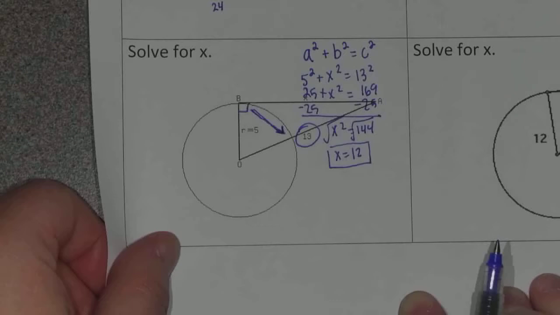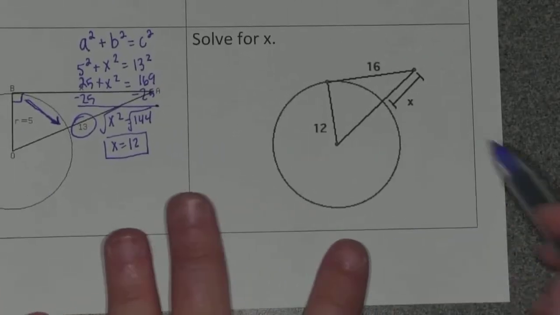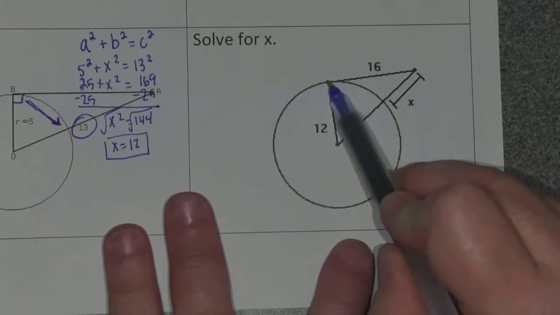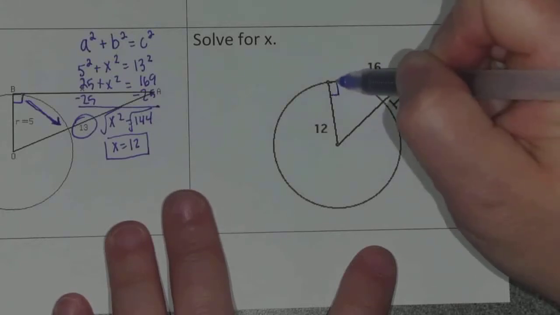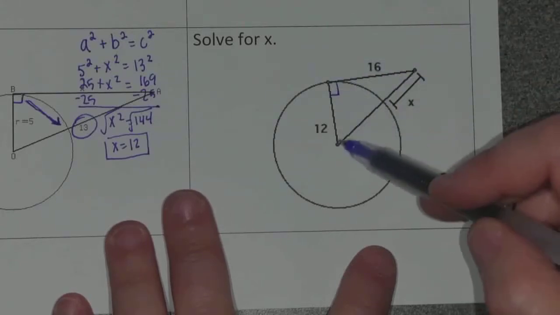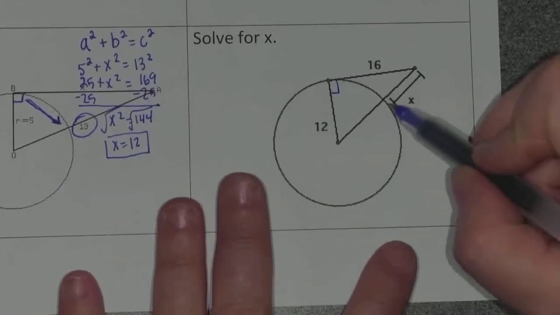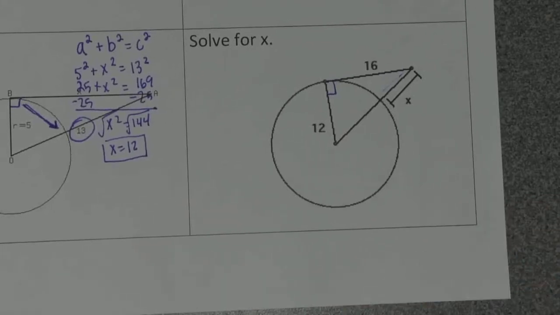It asked me to solve for x. And again, just a reminder here that when we have a tangent line, that line that touches the circle at a point of tangency only once, it forms a right angle with the radius. This is the radius because it goes from the center to the edge. So I have a right triangle. I need to know this length right here. Now I want to bring up a point to you.